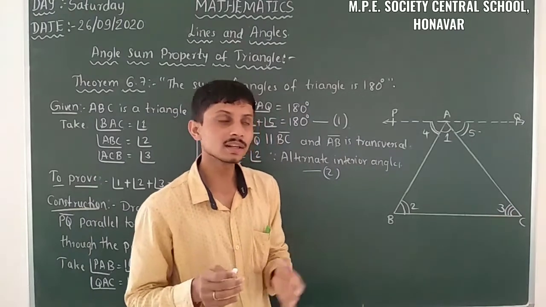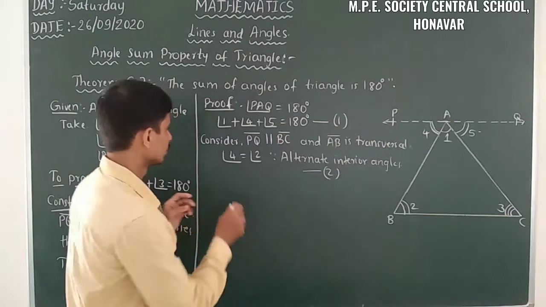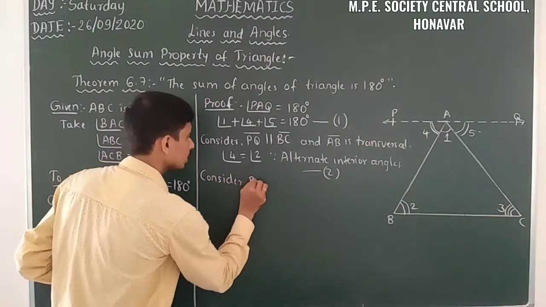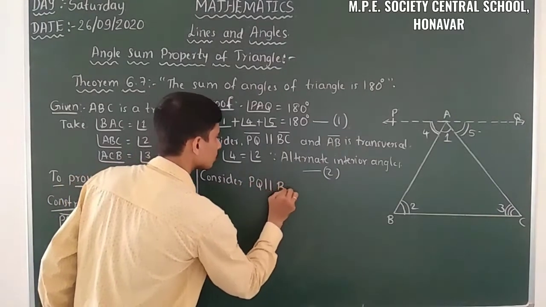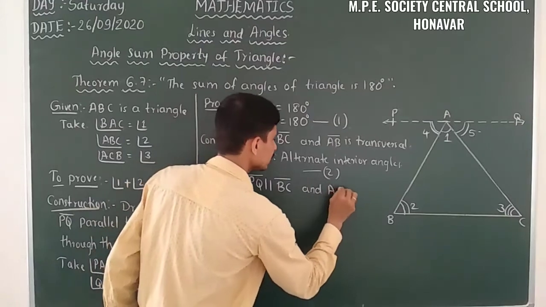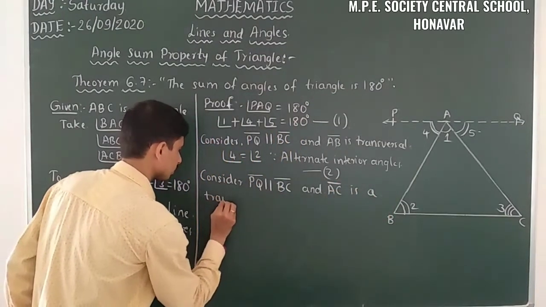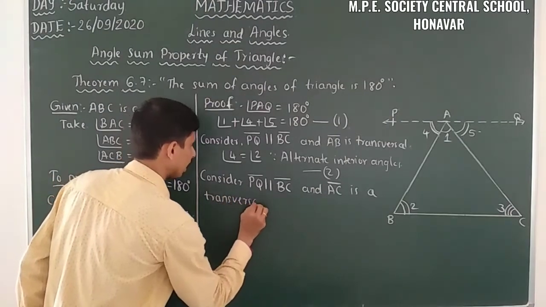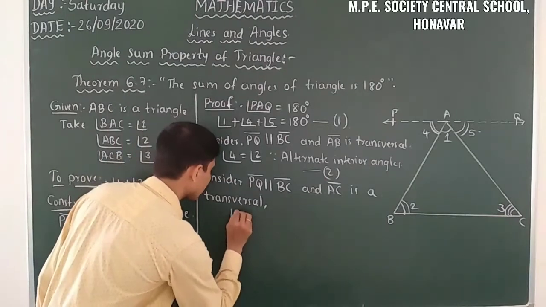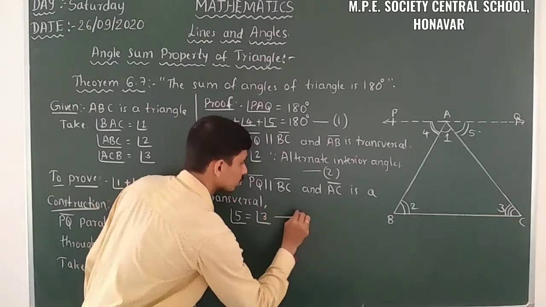So consider PQ parallel to BC and AC is a transversal. Then angle 3 is equal to angle 5, or angle 5 is equal to angle 3, equation number 3.